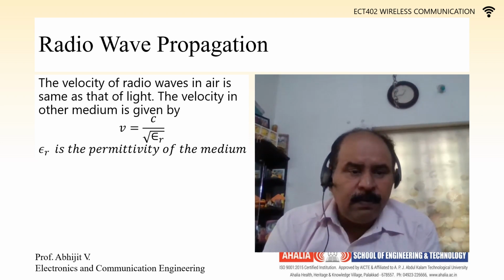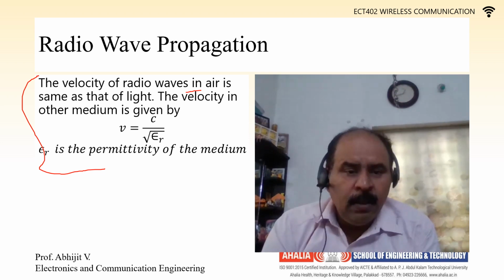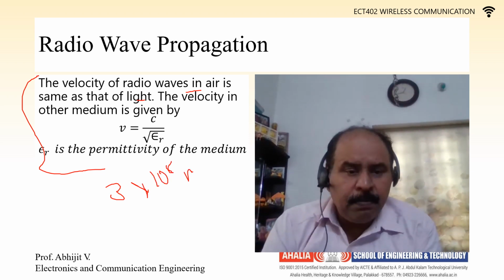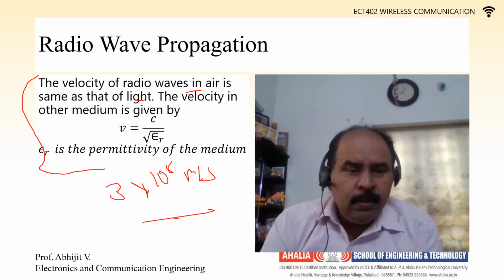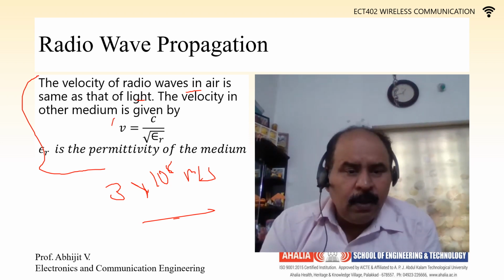Before we go into that, we'll be studying about what is the velocity of radio waves in air. In air, it is same as that of light, that is about 3 into 10 raised to 8 meters per second. In other media, other than air or in free space, the velocity is given by V is equal to C by root of epsilon r.